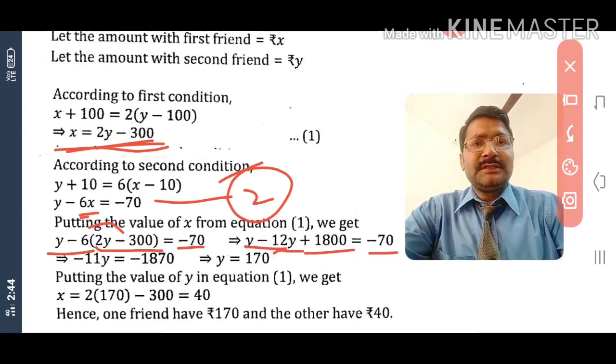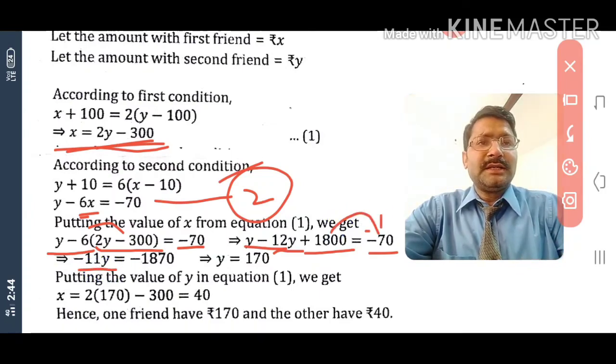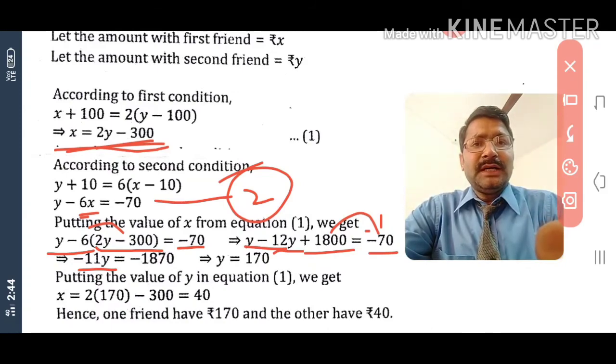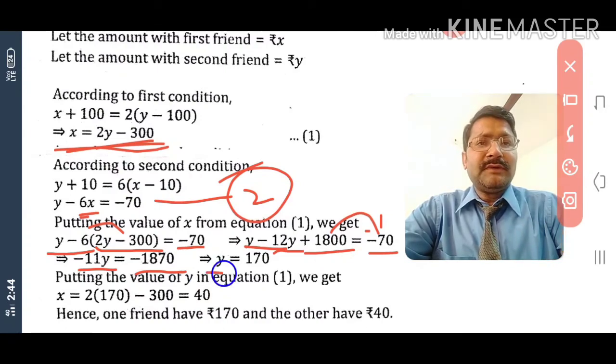Now y minus 12y will be minus 11y, and 1800 you transfer to the right hand side, you get 70 minus 1800, that will be minus 1870. Now minus minus you cancel, you divide by 11, you get y equal to 170, means the second friend has 170 rupees.